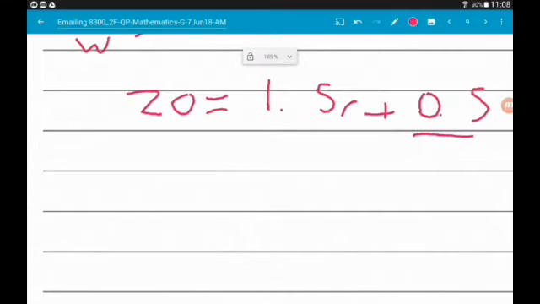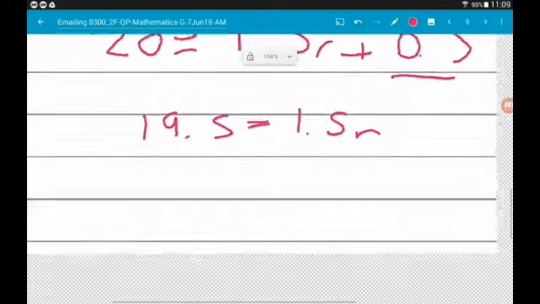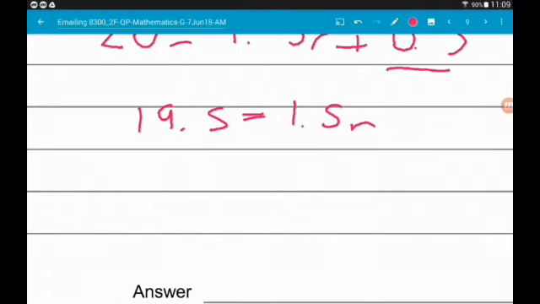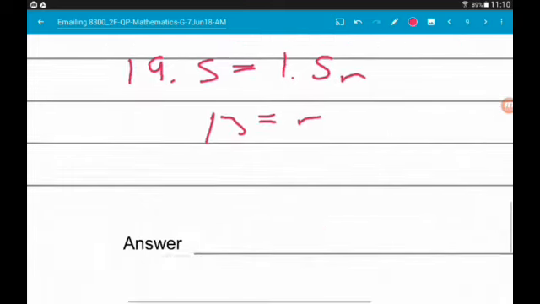So we're going to get 19.5 is equal to 1.5 R, and then we divide by 1.5 and we get, so 19.5 divided by 1.5 is 13. So we can cook 13 cups of rice.